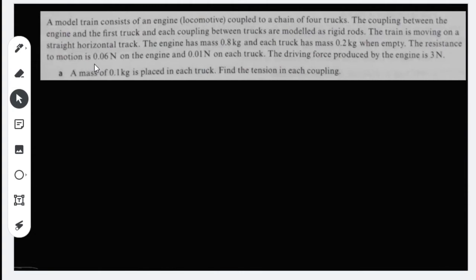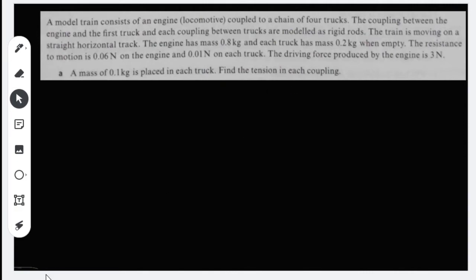The driving force produced by the engine is 3 Newton. So a mass of 0.1 kilogram is placed in each truck. So this is the first problem: find the tension in each coupling.